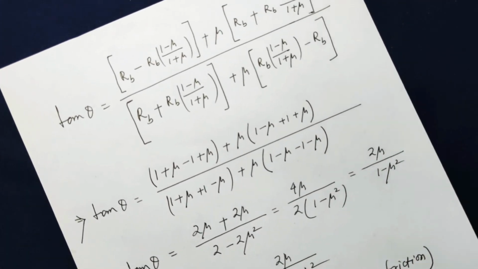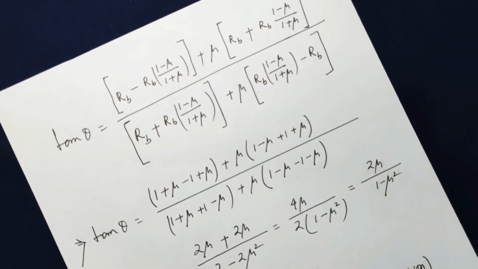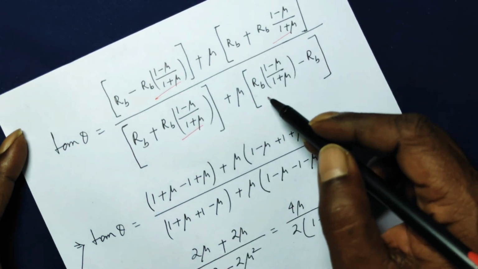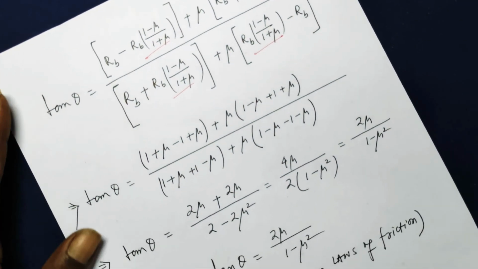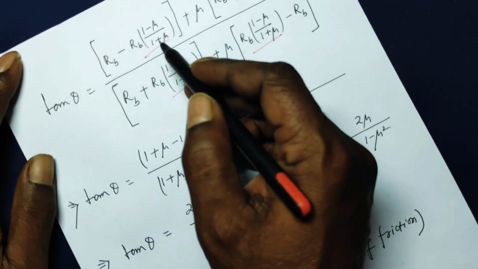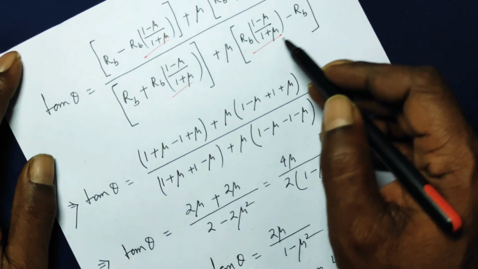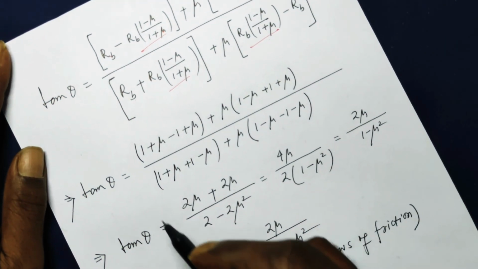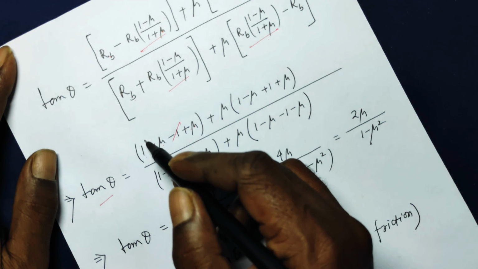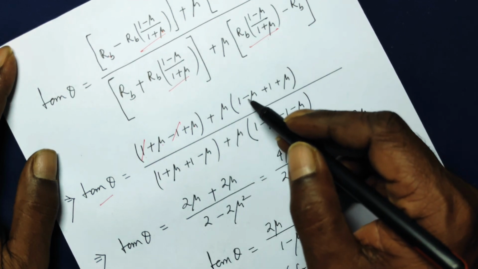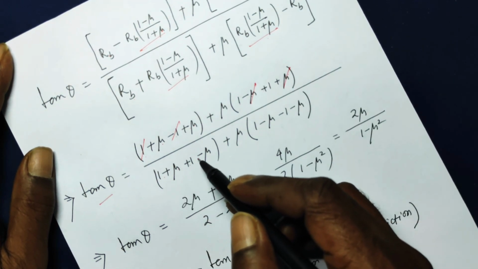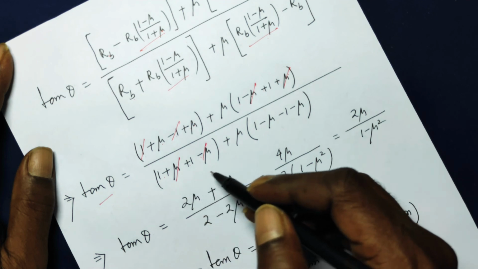Now once you put that, then it is simplified. So tan theta becomes, by putting the value of RA and RA, tan theta remains as tan theta. Just take LCM here, here, and here, and simplify. This comes out to be tan theta is equal to 1 plus mu minus 1 plus mu, plus 1 minus mu plus 1 plus mu, mu cancels here. 1 plus mu plus 1 minus mu cancels here.